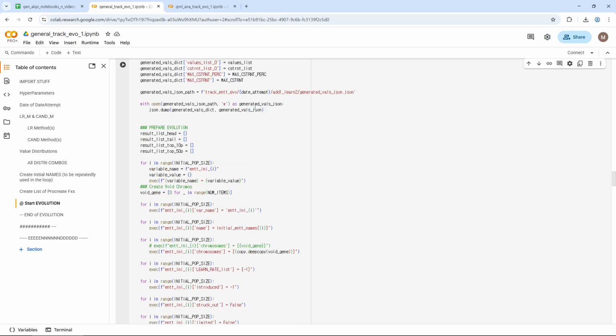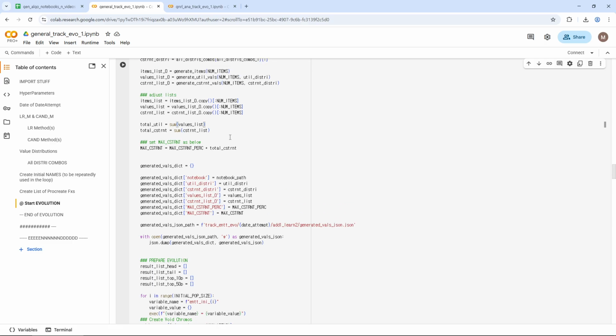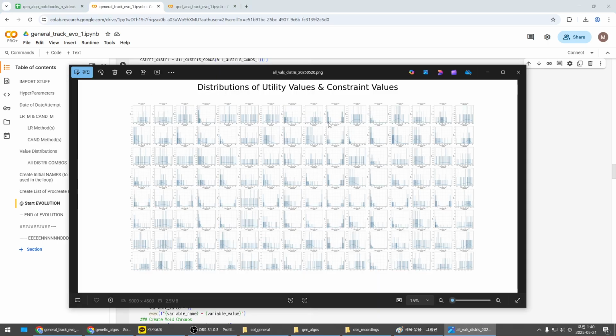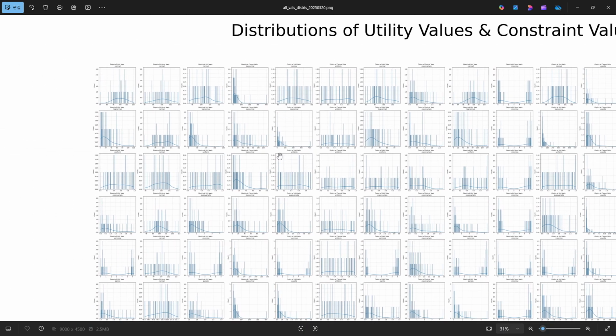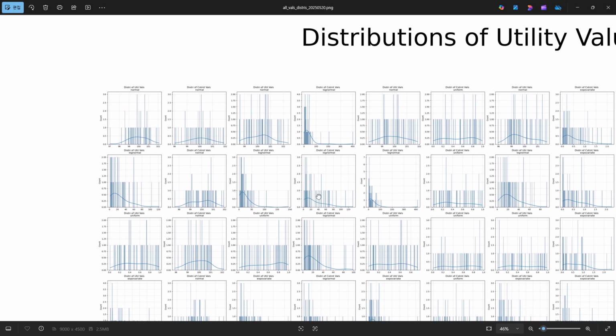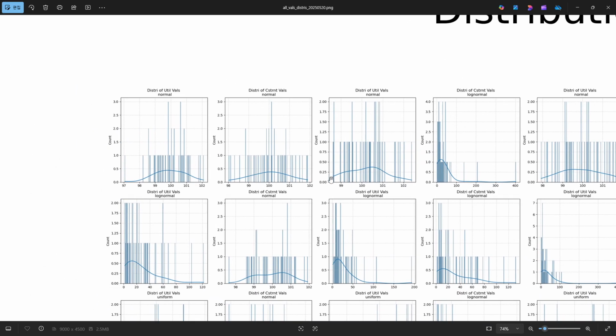So after I have saved the values for the items, I just wanted to quickly show the distributions. 50 items and two sets of 50 values, utility values and constraint values, were respectively generated, and the first pair is just that, meaning utility values normal, constraint values normal.